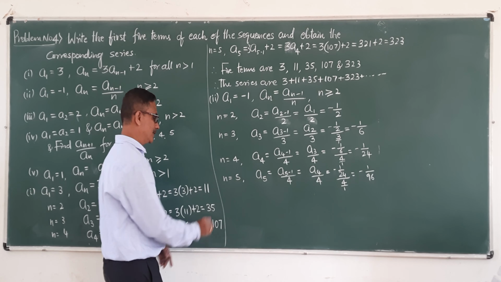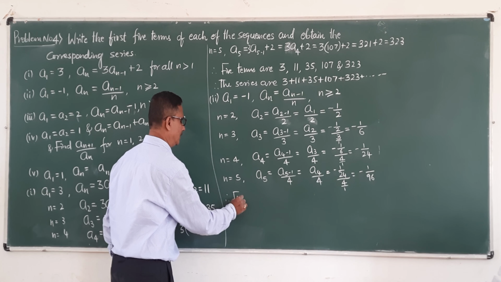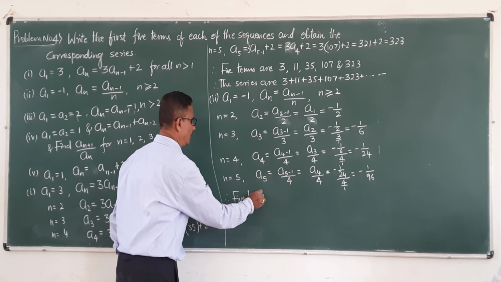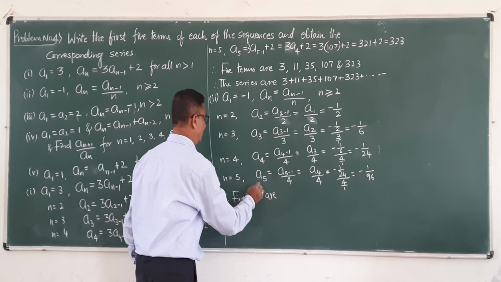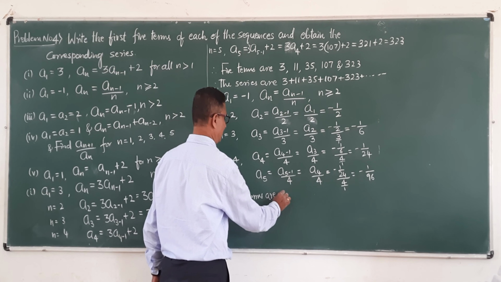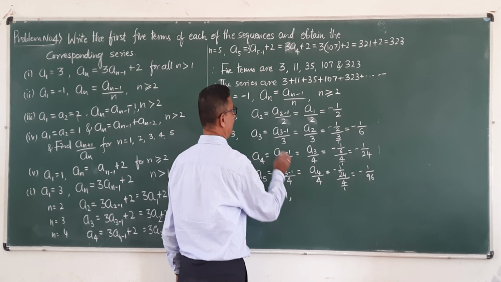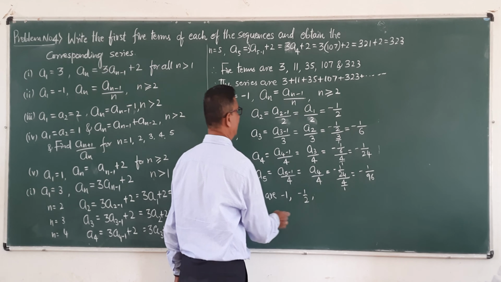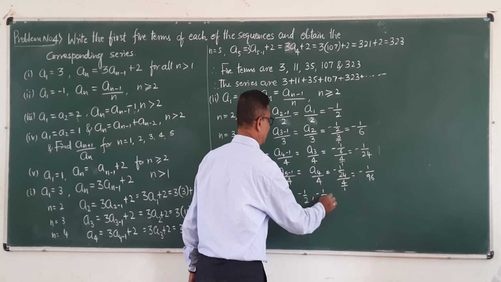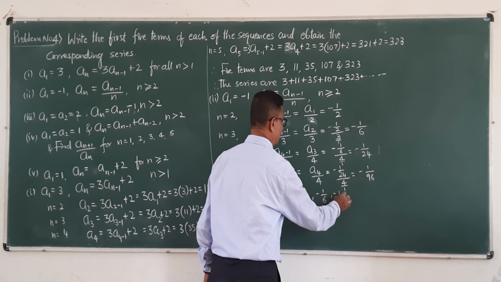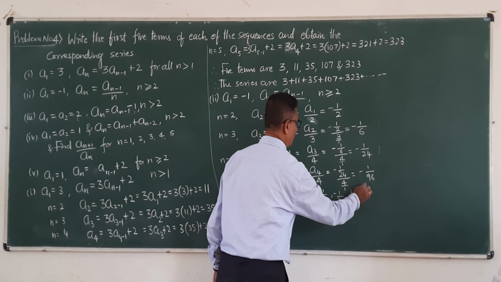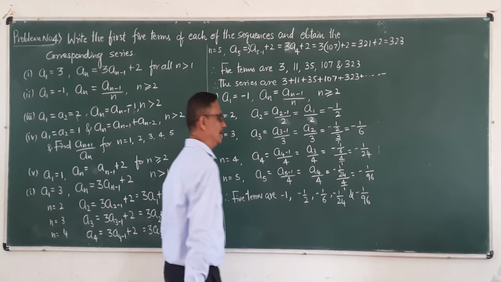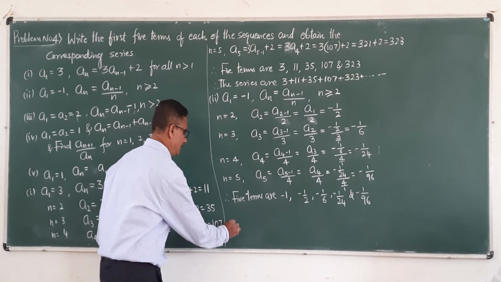We got 5 terms. Therefore, the 5 terms are: first term is minus 1, second term is minus 1 by 2, third term minus 1 by 6, fourth term minus 1 by 24, fifth term minus 1 by 96.